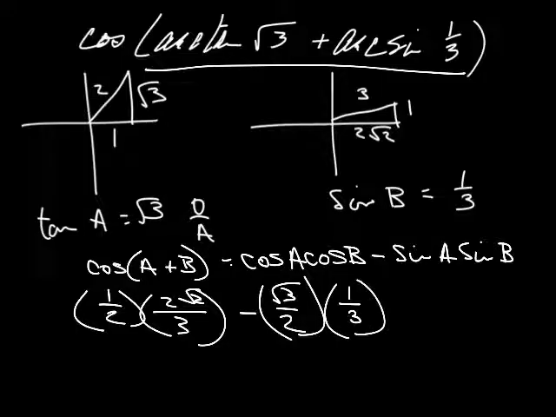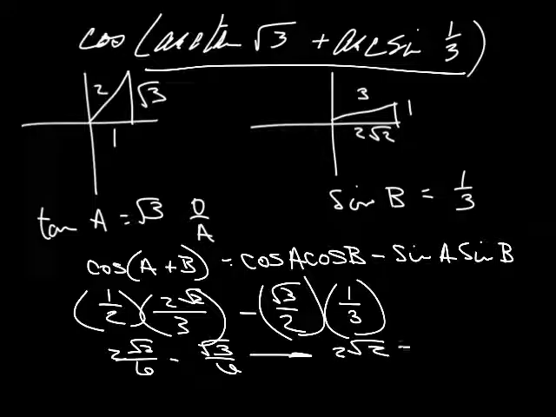So I'm going to just do the math there, and I get 2 square root of 2 over 6 minus square root of 3 over 6. I can bring those together and get 2 square root of 2 minus square root of 3 all over 6, and I'm done.